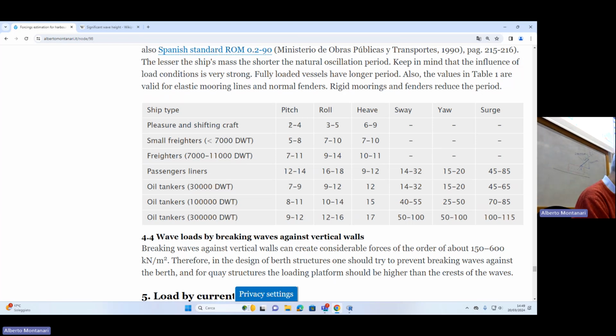Because when I get too many things to change, it becomes a problem to remember everything. So it's table 1.